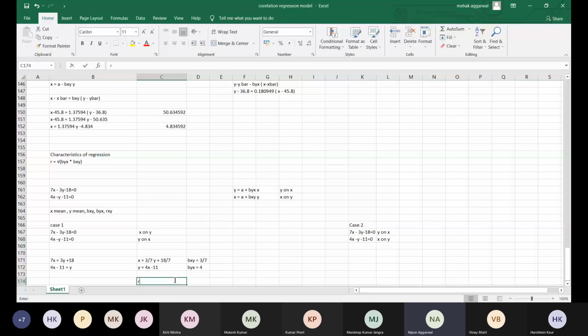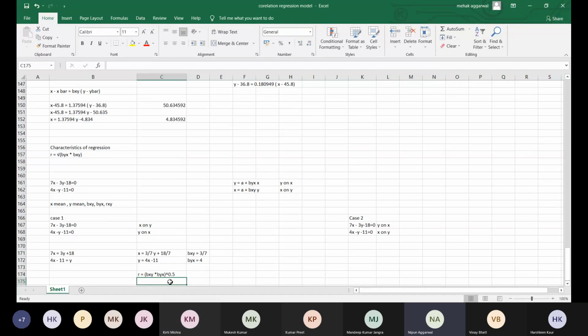Now calculate r. So r is equal to under root of bxy into byx. That will be the formula.